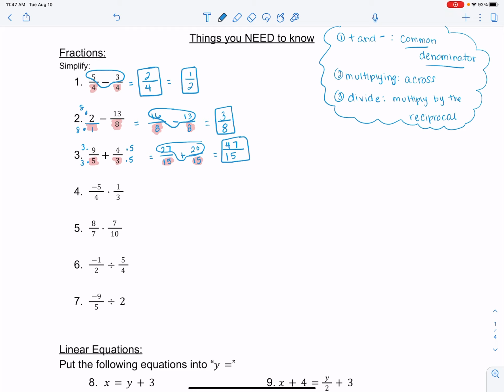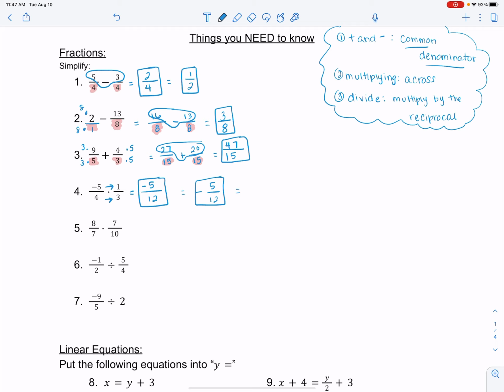Okay, when multiplying, we just multiply straight across. It doesn't matter what the denominator is. So I have -5 times 1 is -5. 4 times 3 is 12. So this is -5/12. That can also be written as negative in front, 5/12.